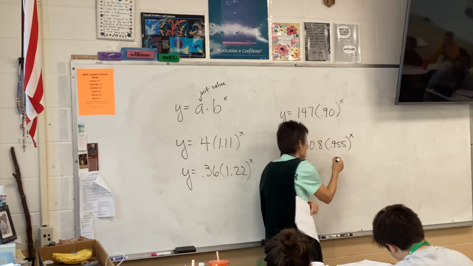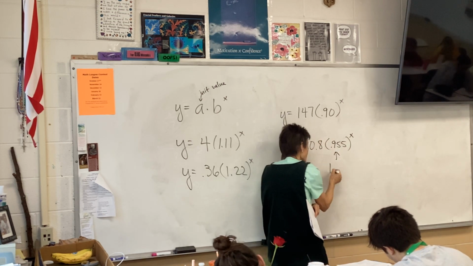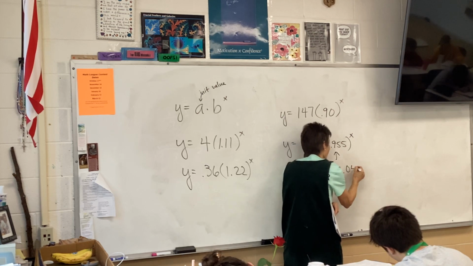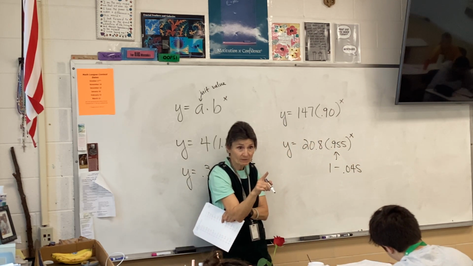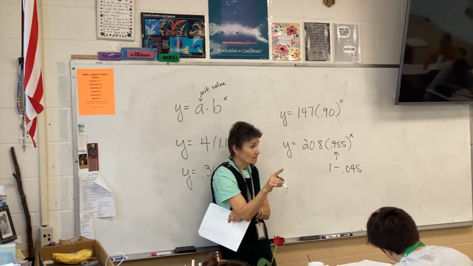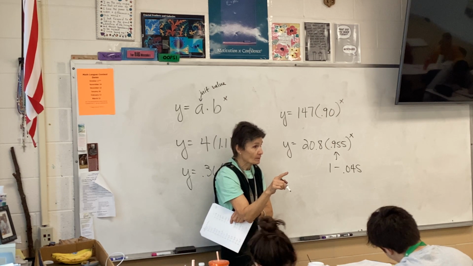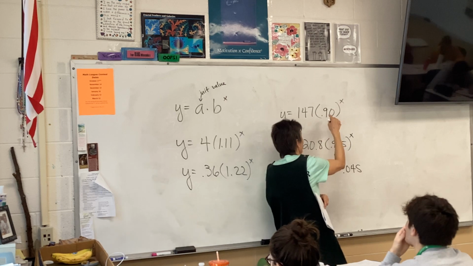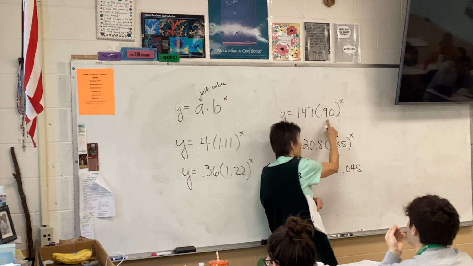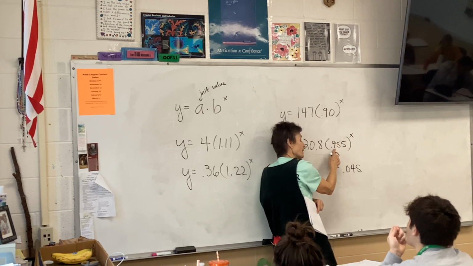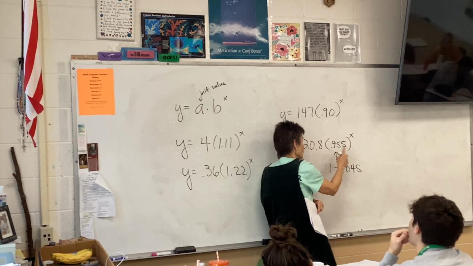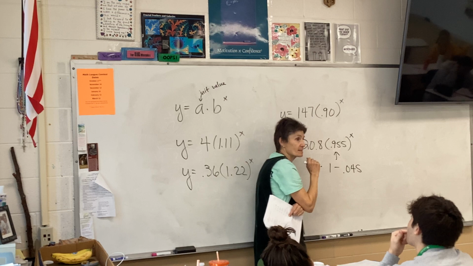Very good. Because that number is 1 minus 0.045. 4.5% is 0.045. When you see a 0.9 here, that tells you you're 10% less. When you see a 0.955 here, that tells you that you're 4.5% less.